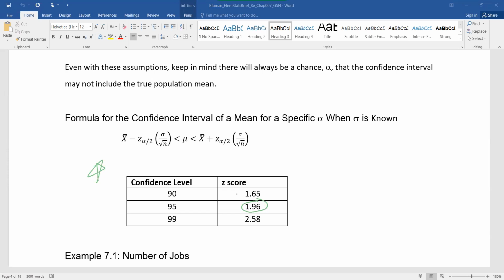And remember with these z-scores, this really should say plus or minus because you have to go get the negative version. So remember this right here, the alpha would be 10%, but that would mean that alpha divided by 2 is 5%. You're looking for the area at 0.05, and at that area the z-score is negative 1.65.